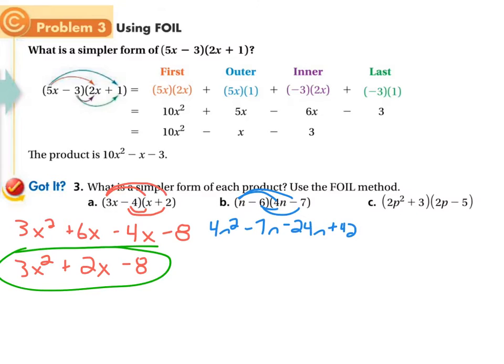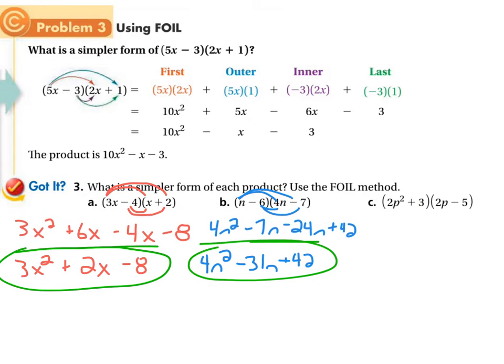Okay, what terms can you combine? You can combine these n terms. Notice that they're the middle terms. That's often, but not always, going to happen. Okay, so you then get 4n squared. This negative 7 and this negative 24 go together to be negative 31n, and then plus 42.